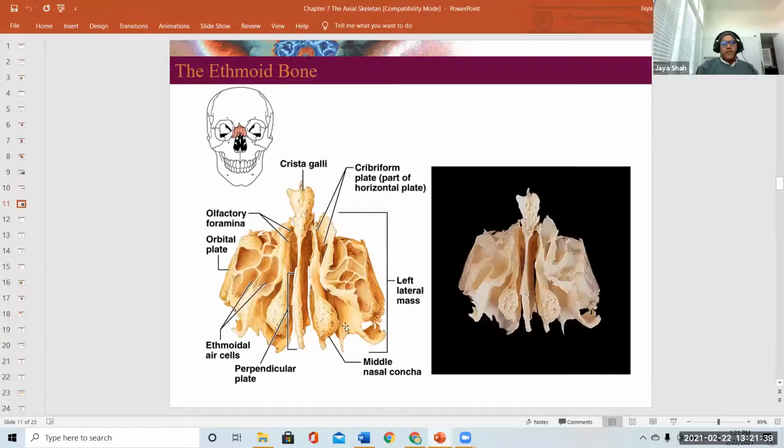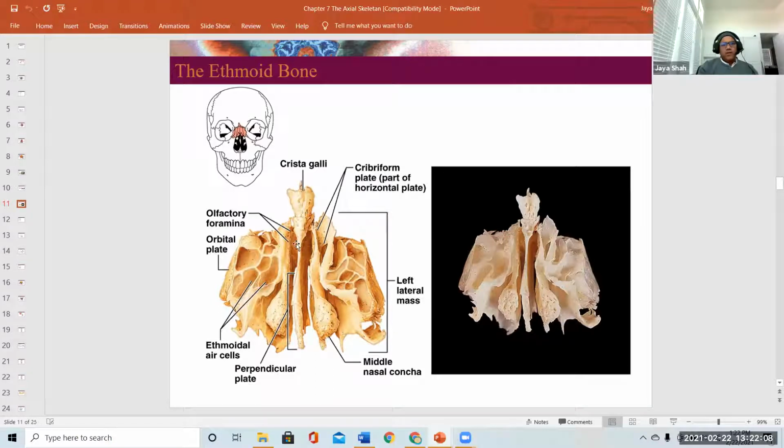Here is another bone, which is on the surface of your upper palate. And this is the roof of your mouth. And in this bone, you have to know this projection-like structure of the bone that is called crista galli.